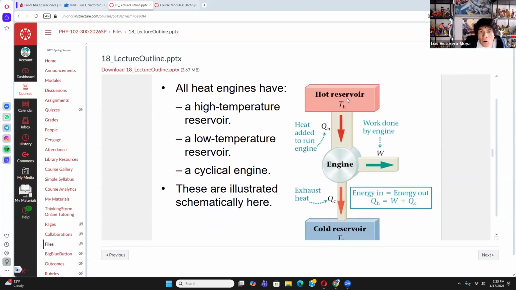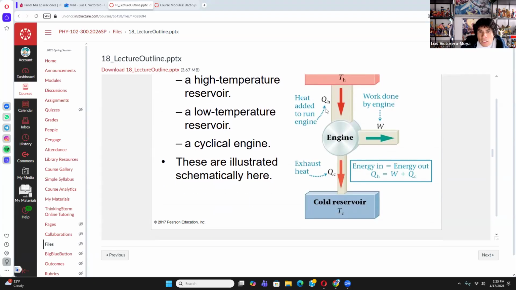All right? You have a hot reservoir, a cold reservoir, Tc, Th, Qh by Th, Qc by Tc, exhaust heat, heat added to run the engine, and the work done by the engine. So that's the work, that's basically what you use. So work is Qh minus Qc, or Qh equals work plus Qc.